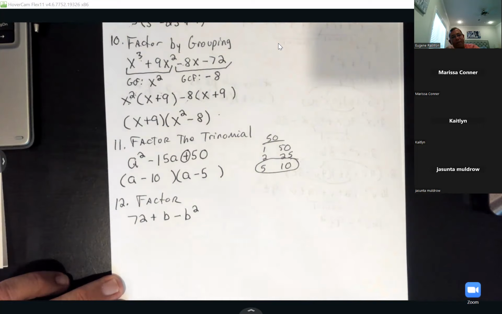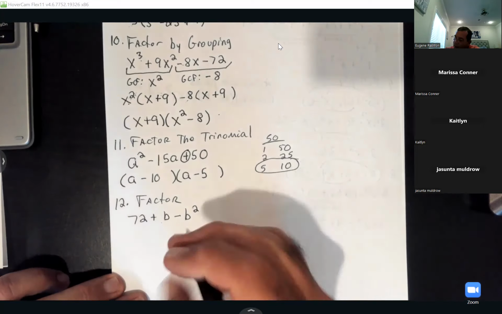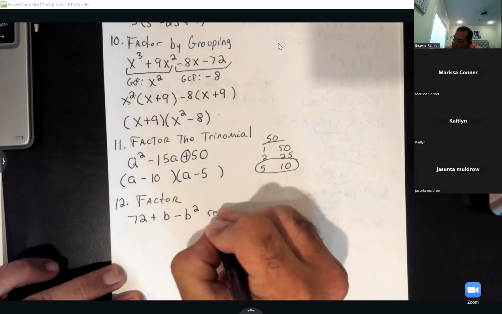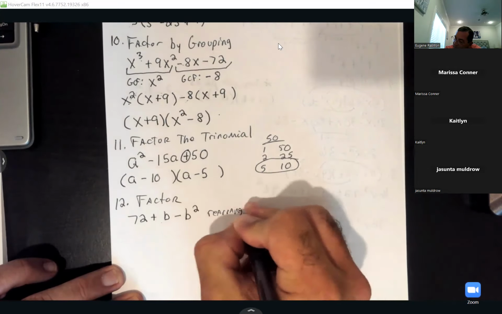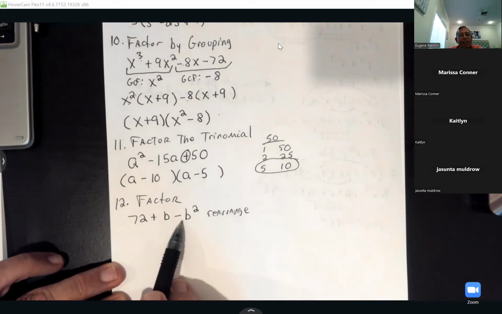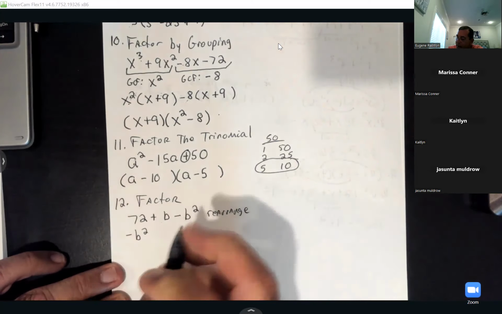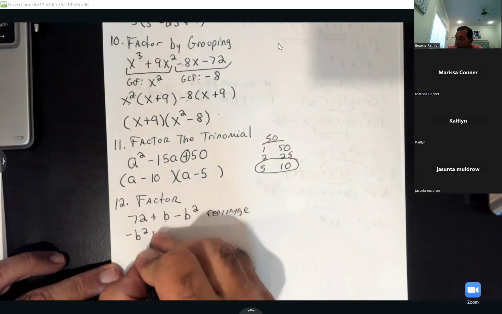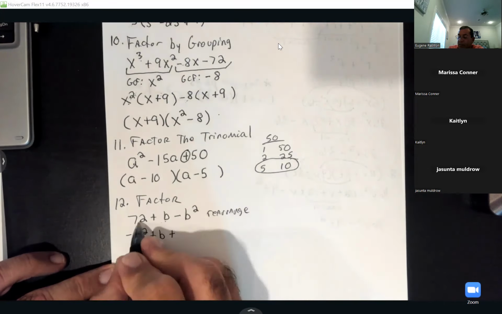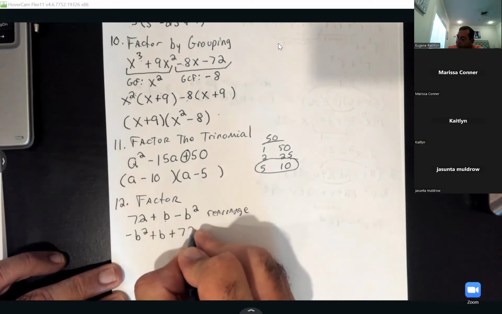So remember, your first thing to do to this is get this thing in order. So we're going to rearrange this. But y'all look, my b squared is negative. So I'm going to have a negative b squared plus my b plus my 72.